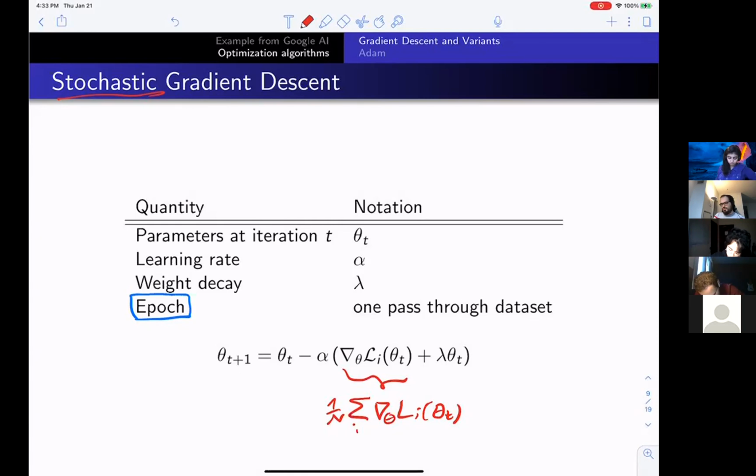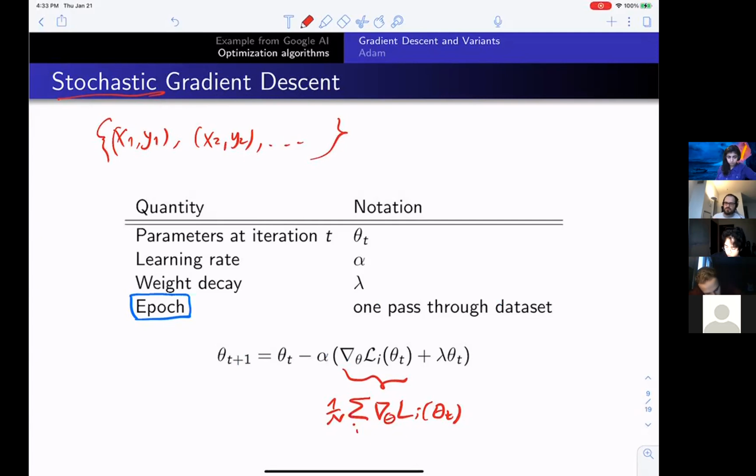Now, notice what happens in practice, the way it's implemented, is you take your data set of examples. So let's say you have examples which are pairs of images and labels. So x1, y1, x2, y2, etc., where x's are images and y's are labels.